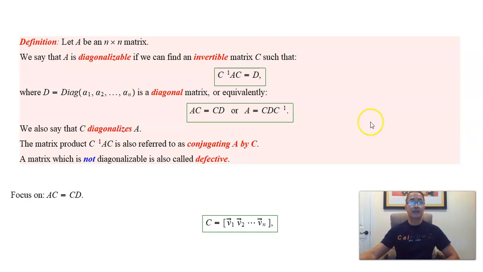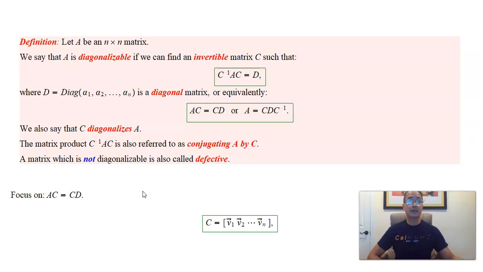But this time, C inverse will appear on the right side of D. We will say that this matrix C diagonalizes A, and this matrix product, C inverse A C, appears a lot in mathematics, and that is called conjugating the matrix A by the matrix C.